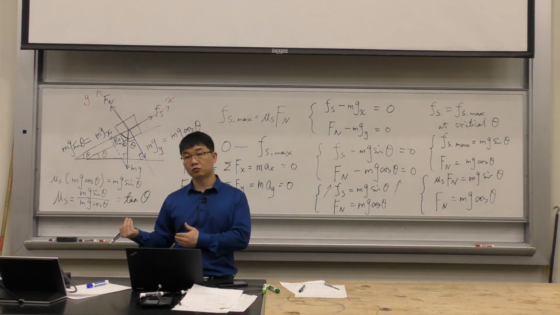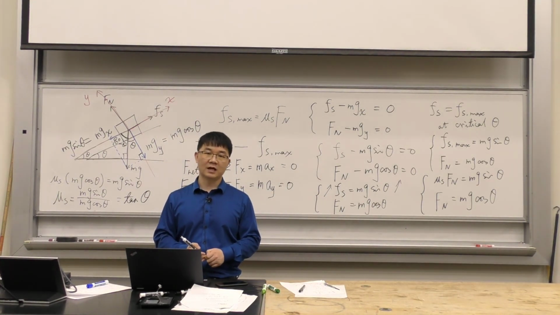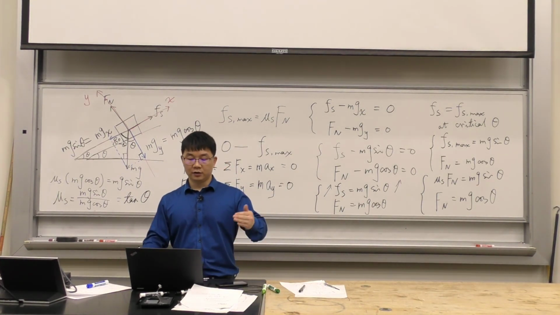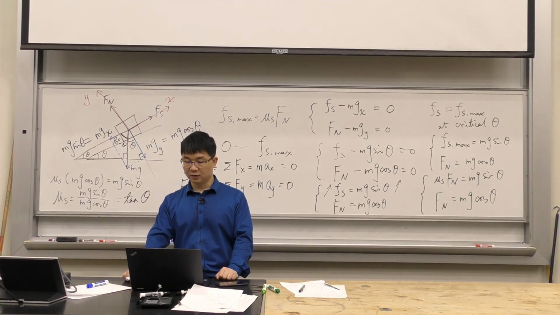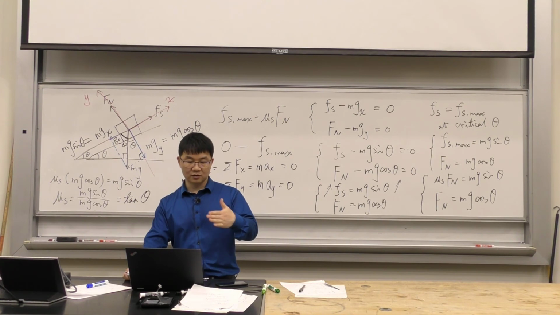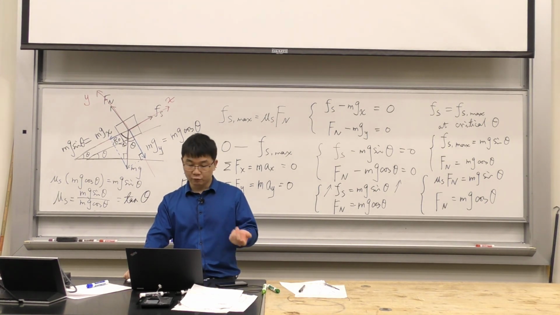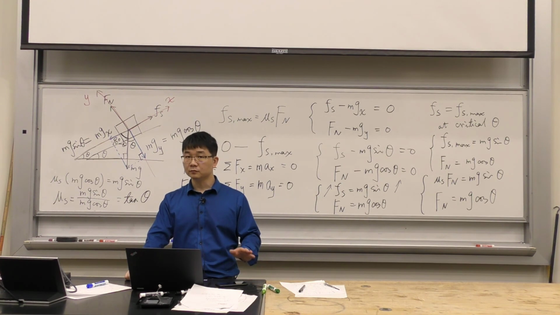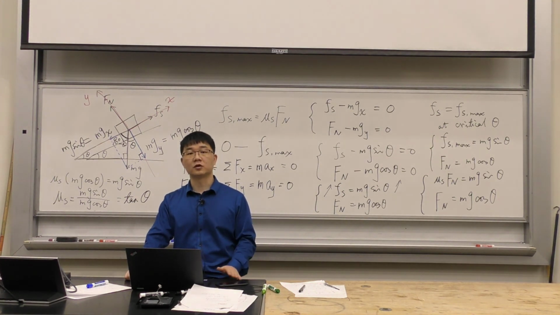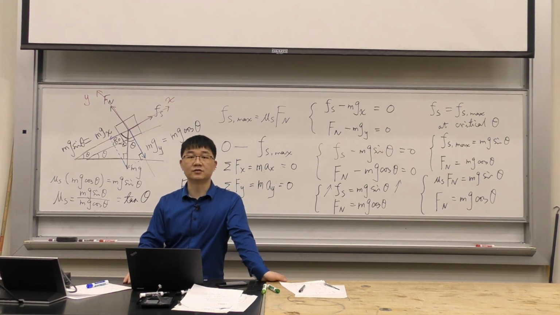Maybe it's easy for you to remember that, but you shouldn't expect that you will get a question like this: if you do this experiment, you raise this incline until you see that this object starts to slide down at 30 degrees, what is the coefficient of static friction? Oh, I remember that, that's tangent theta, or tangent 30 degrees. No, you don't expect a question like that on a test, right? That's not physics at all. I'm not going to test your memorization.